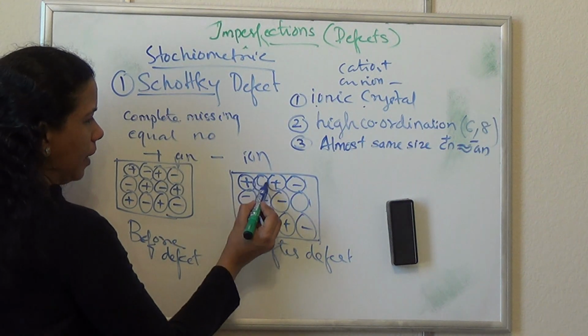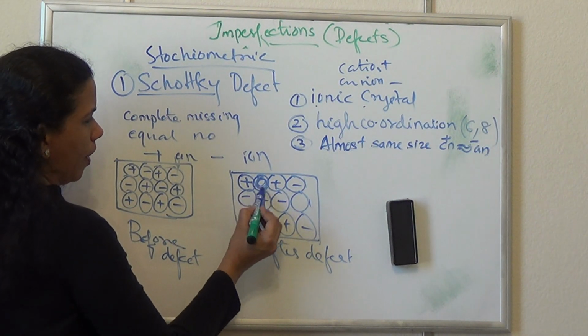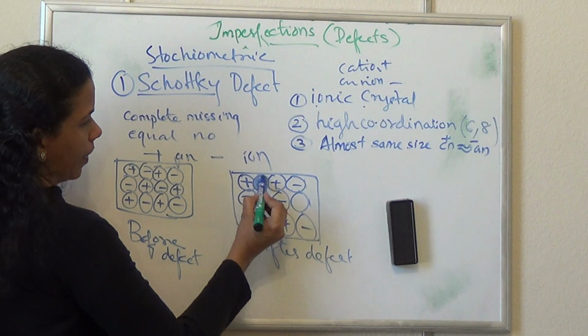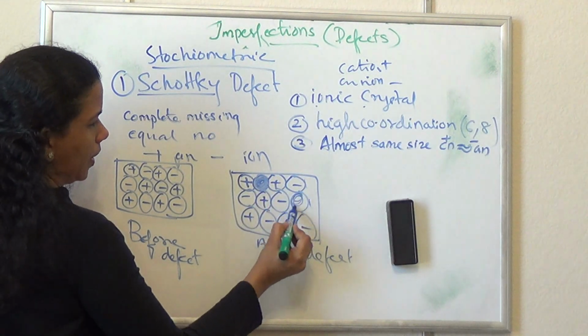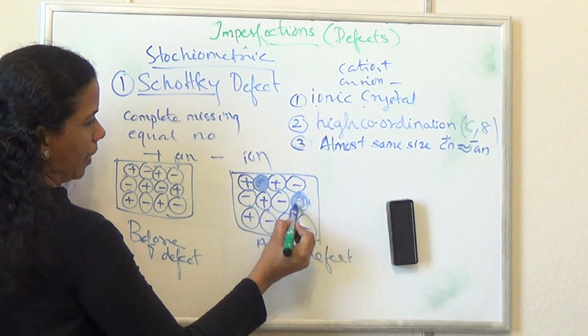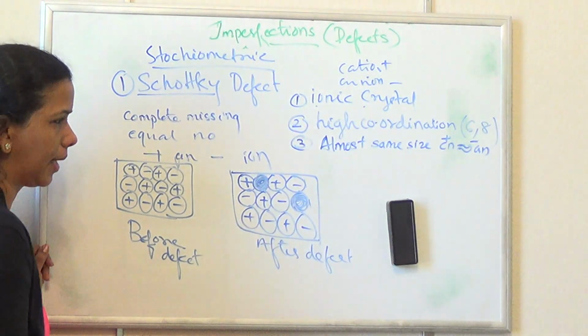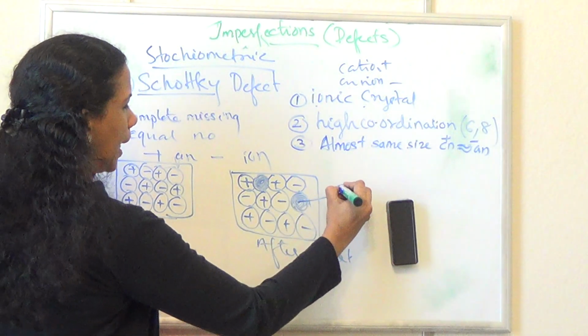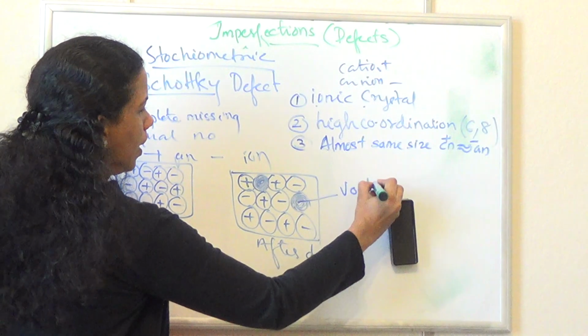Here one of the negative ions is missing and one of the positive ions is also missing from there. They are completely missing. As a result, vacant spaces, called voids, are formed.